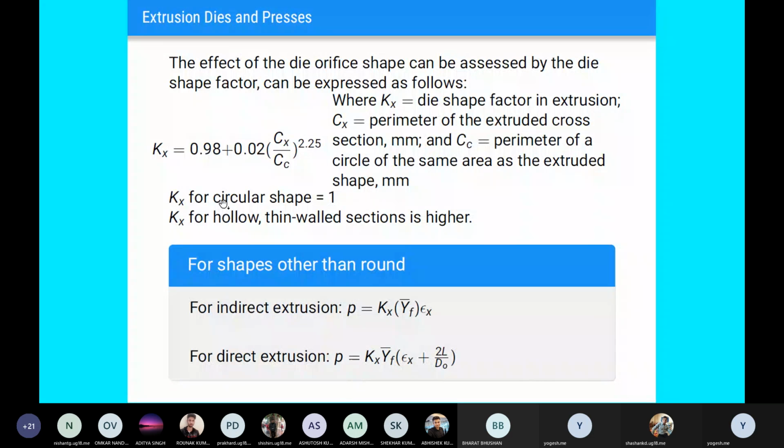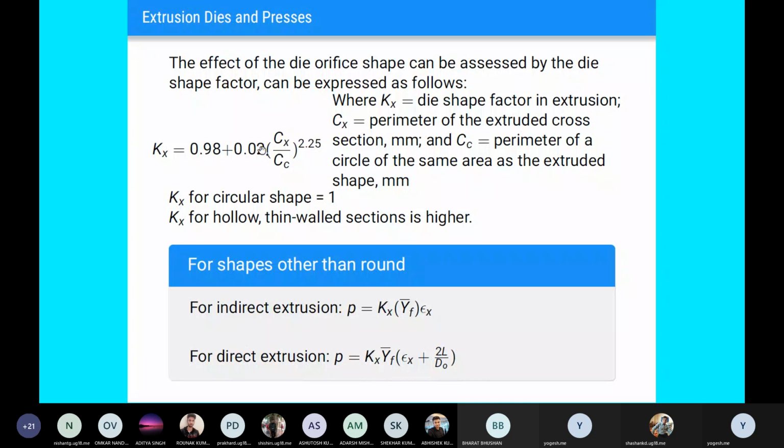For circular shape, kx is 1. If the shape is circular, then cx will be cc, so this term will be 1, and 1 to the power 2.25 will be equal to 1.